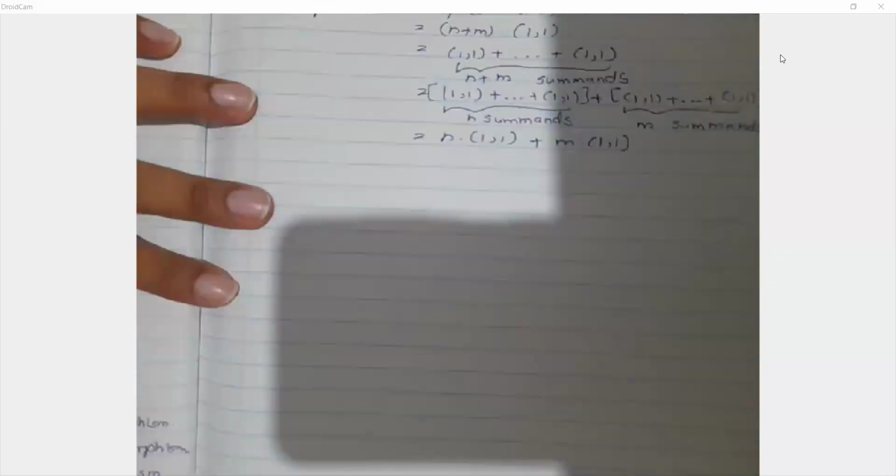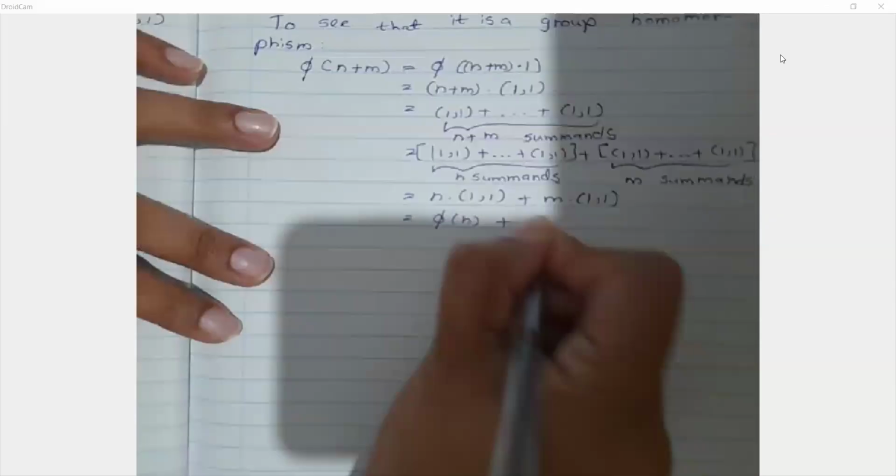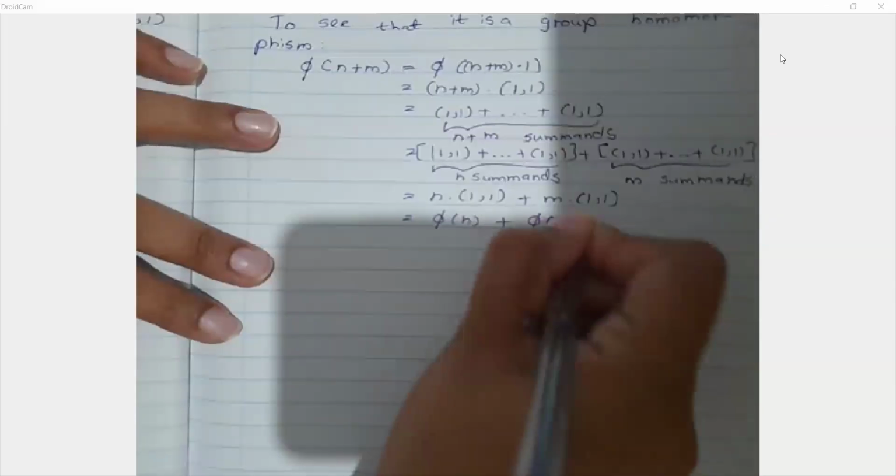What I wanted to really say was if we refer to this computation over here. Now, going back to the definition of phi, we see that this is simply phi of n plus phi of m. So we see that phi is a group homomorphism.